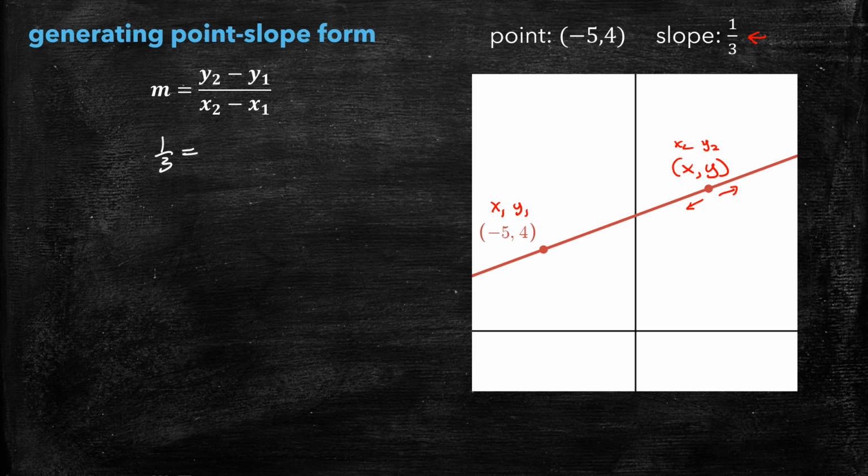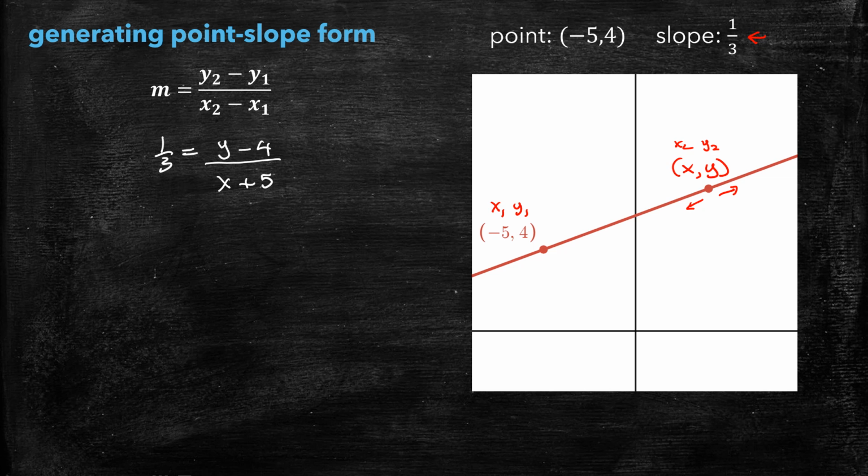And then the change in y would be y minus 4, because that's the two y values. And the x values are x minus -5, which is x plus 5. So we're just stating that the coordinates x, y have to satisfy this equation if they are to be on the line.